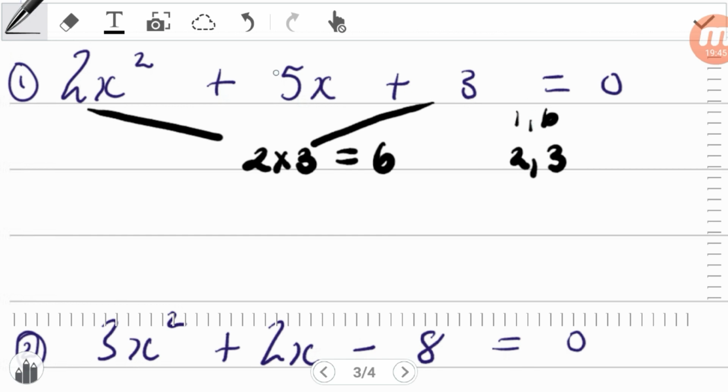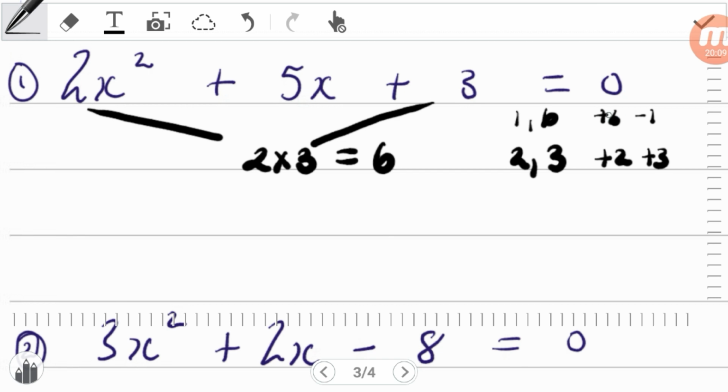Both can produce positive 5, because if I make 6 positive and I make 1 negative, I'll still get 5. And if I make 2 positive and I make 3 positive, I can still get 5. So both pairs of factors can produce 5, but I also need to choose the one that will produce a positive 6.